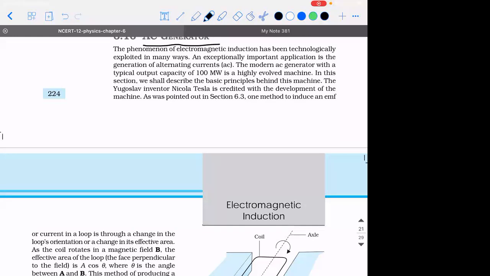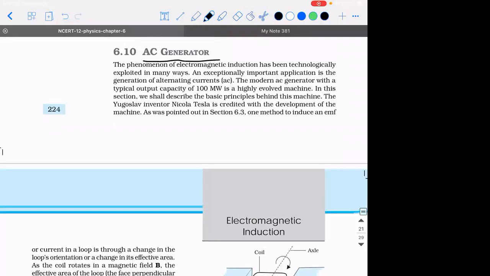Now, you know what is AC. So what is a generator? Anything that generates electricity. But what is the base for you to make the charges flow? In terms of electrical, potential difference. That's right.